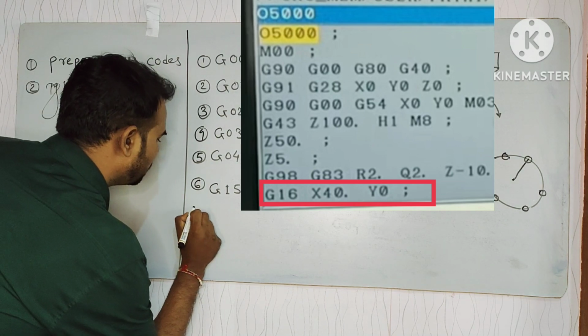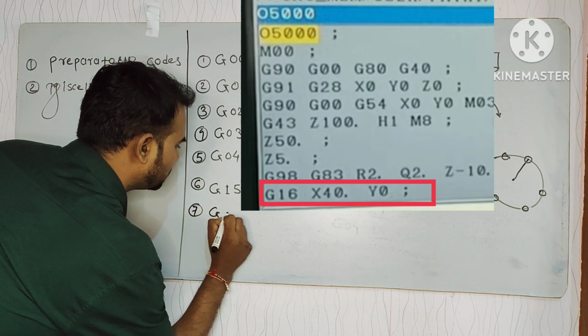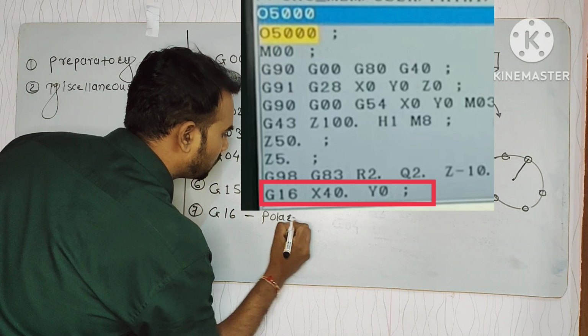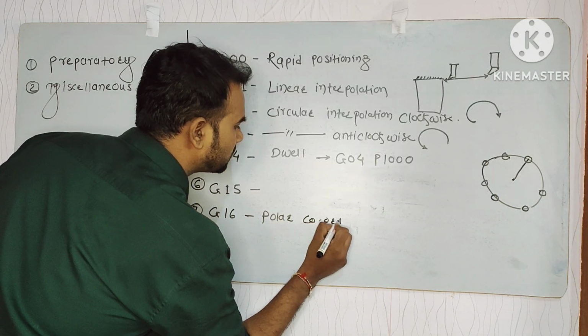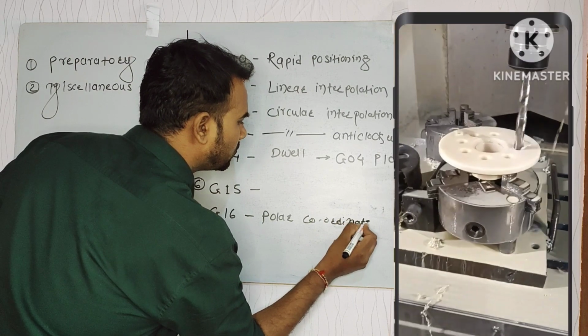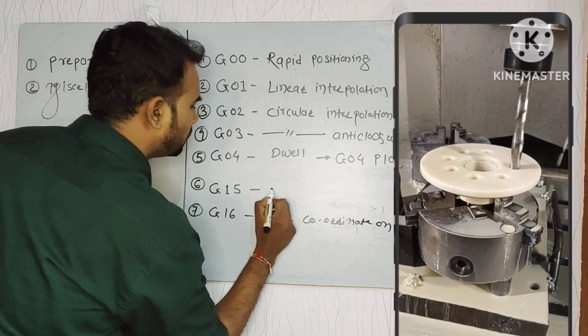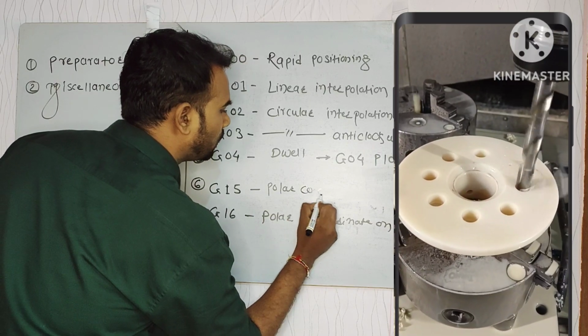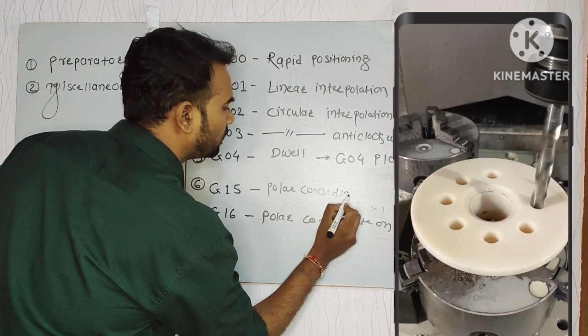G16 is polar coordinate on, and G15 means polar coordinate off.